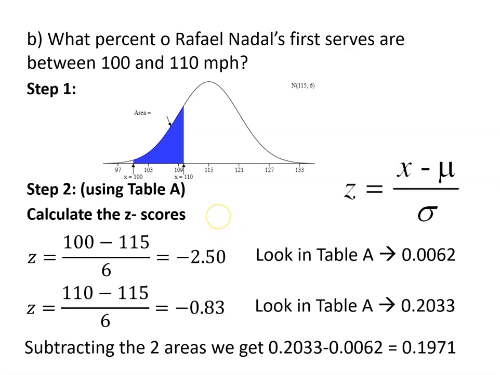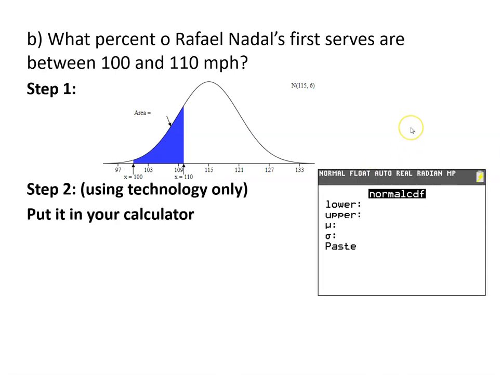Finally, what I would need to do is I would subtract the two areas to find an area of 0.1971. That's using the standardized version and table A. You can also use the calculator. So if you're using your calculator, you would do your normal CDF.